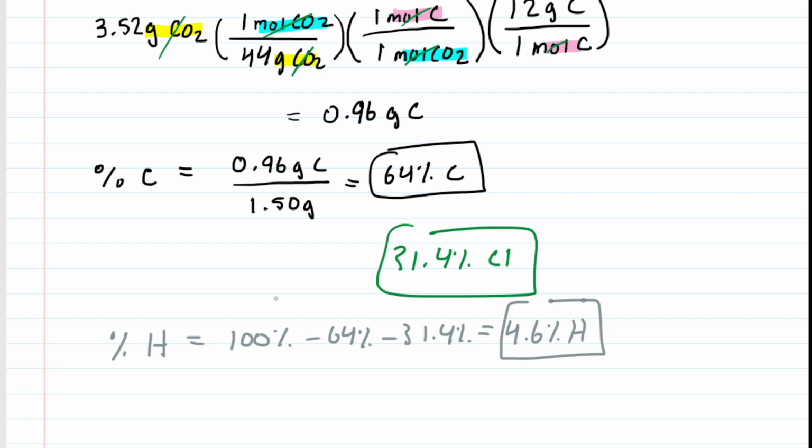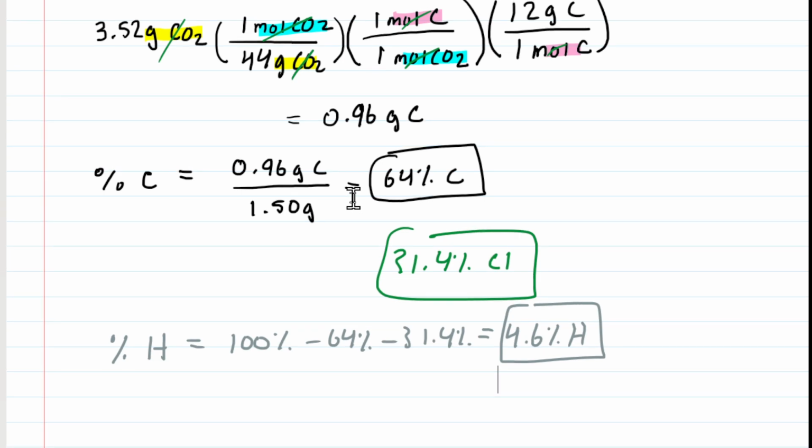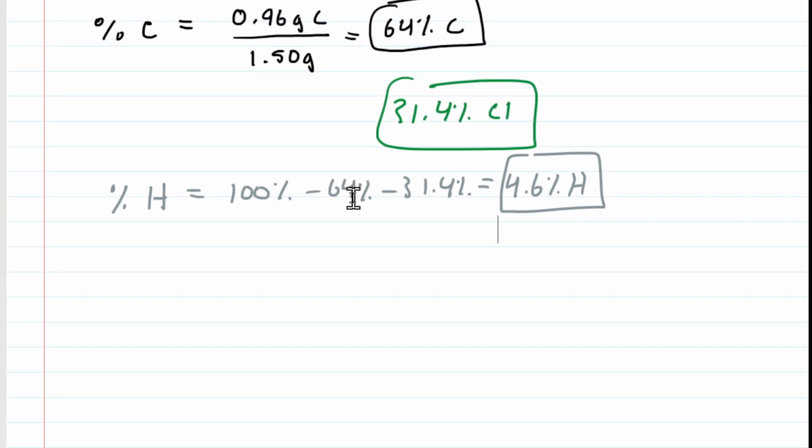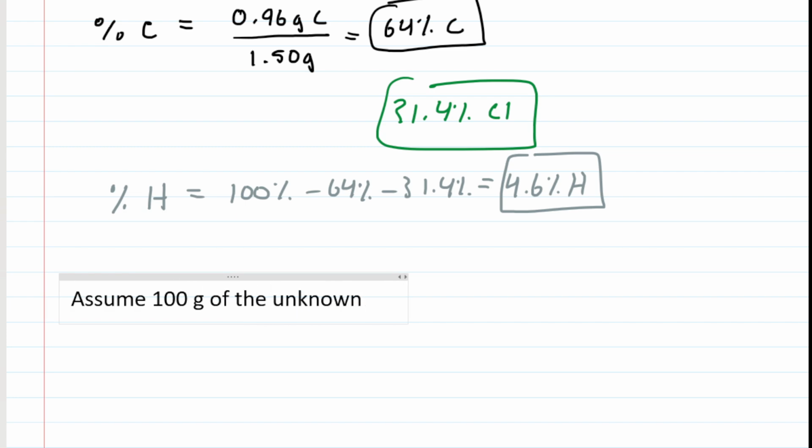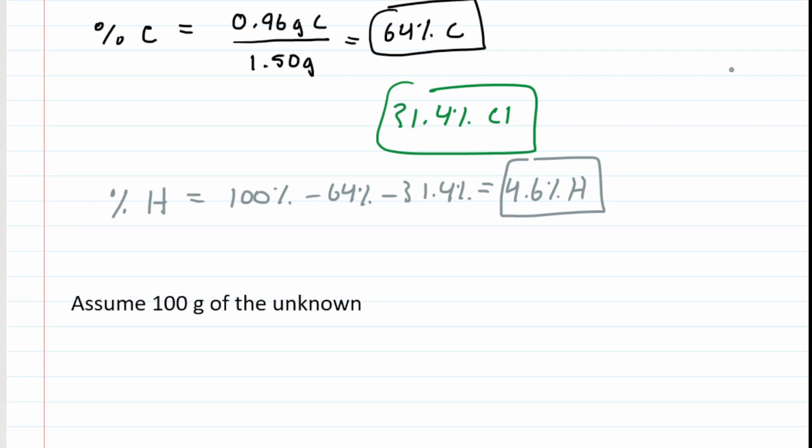So far, so good, but we still don't have the formula of the unknown compound. We only have the percentages by mass. But we're getting very close, because the next thing we're going to do is assume that we have 100 grams of the unknown. This procedure would work if you used a different mass, but 100 is usually chosen because that allows us to change these mass percentages very quickly into grams.